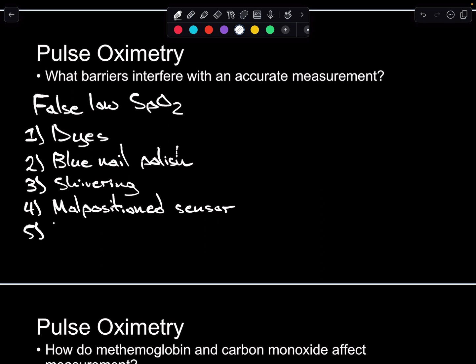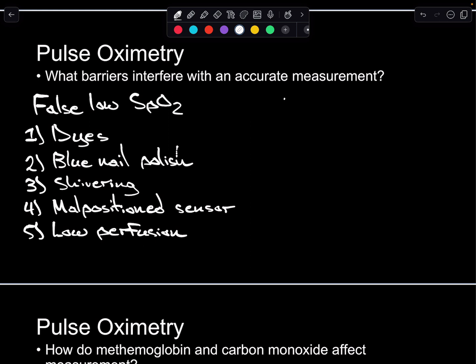And then low perfusion. So perhaps someone is in heart failure, they have a low cardiac output state. They might have proper hemoglobin saturation, but you'll get a low reading just because of the low perfusion. A few things that I'd like to mention.